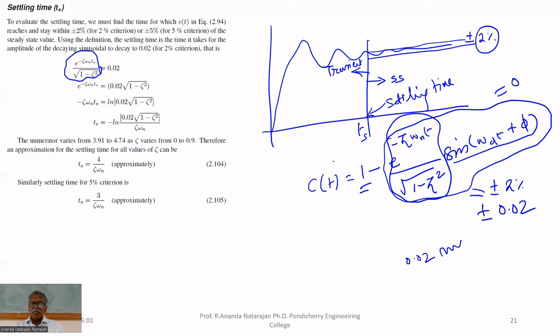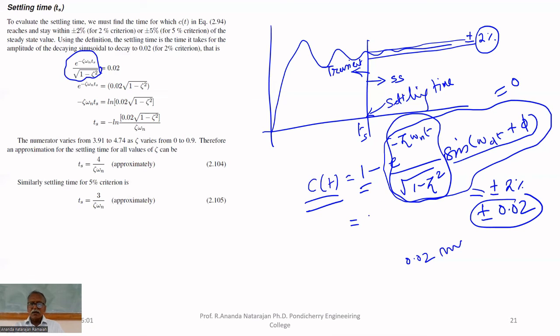Why? Because C of t becomes 1 means it has settled at 1. Let us assume no noise, then this part must be equal to 0. But we are assuming that it is not settled because of noise. It oscillates around 1 and its amplitude is 0.02.